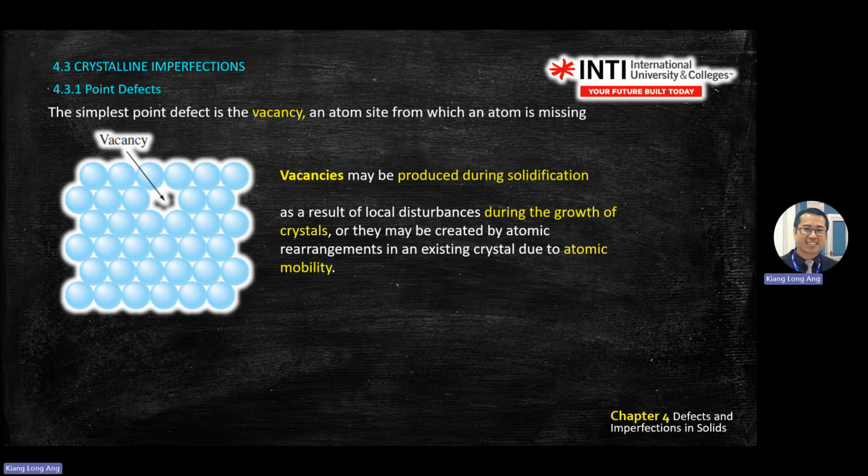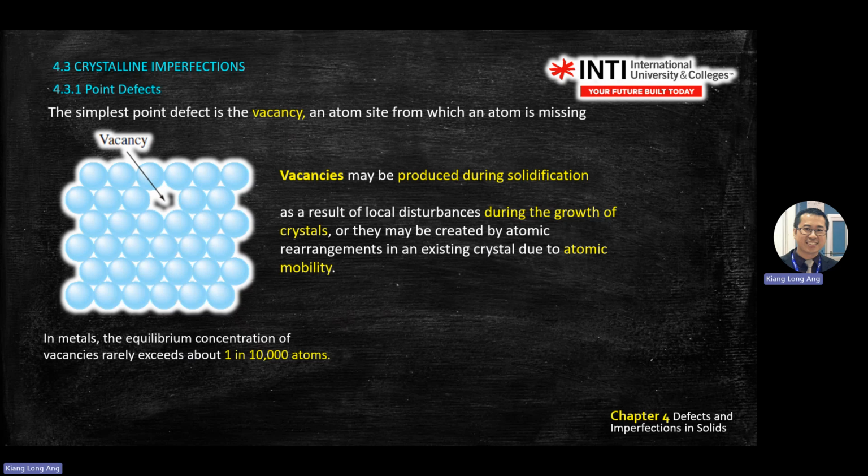So the keyword here in engineering materials is atomic mobility. It gives atomic mobility, so atoms are able to move to fill in the vacancies. Now in metals, vacancies rarely happen.